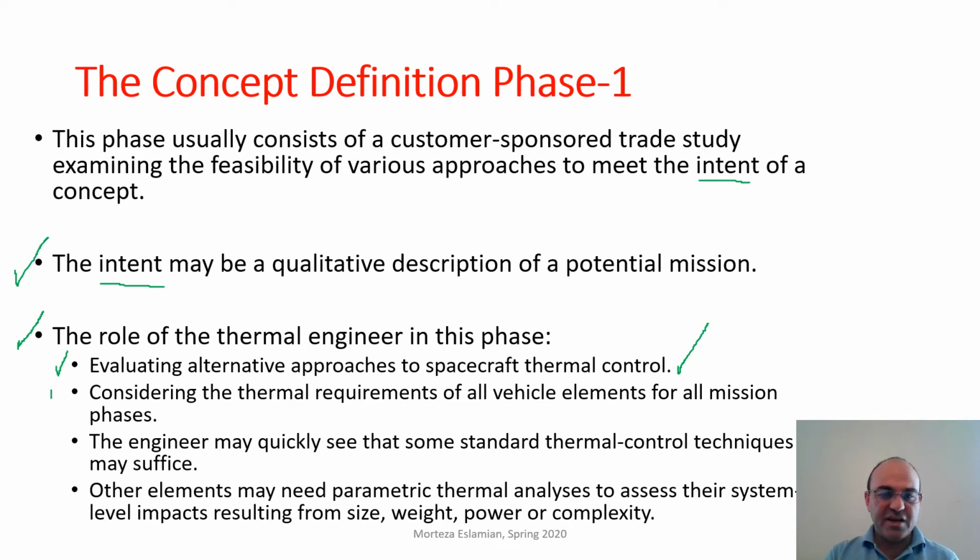Then we consider the thermal requirements of all vehicle elements for all mission phases. As I said, we need to look at different phases of the mission and the thermal requirements. For instance, going to the moon, the mission consists of multiple phases: the launch, orbiting the Earth, flyby to the moon, and then orbiting the moon and landing on the moon. The moon has days and nights, right?